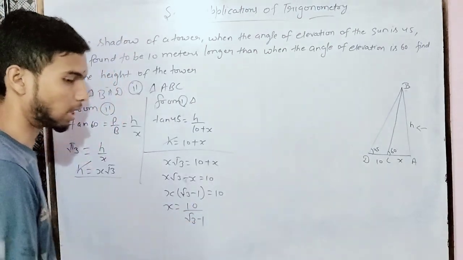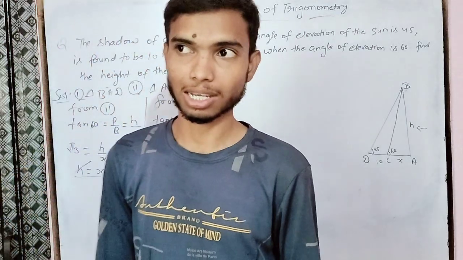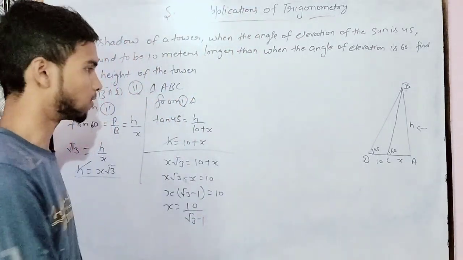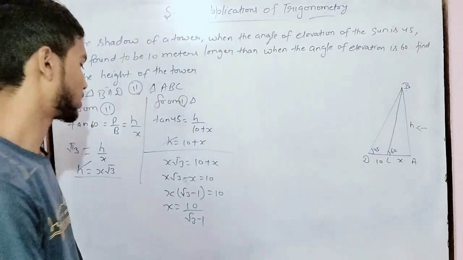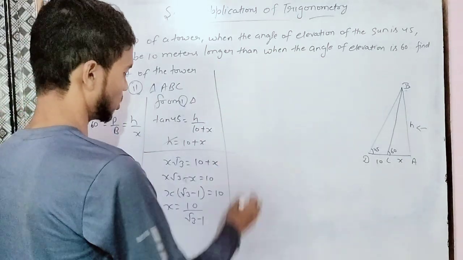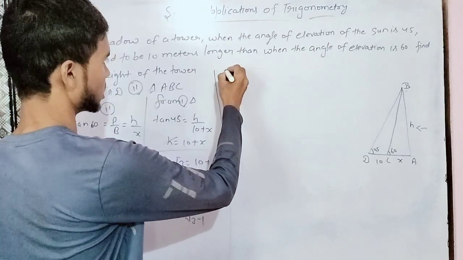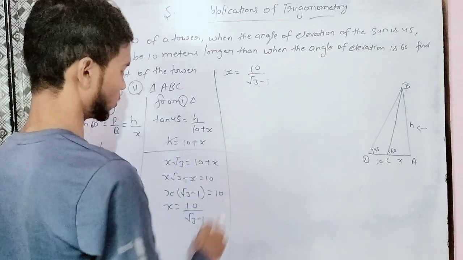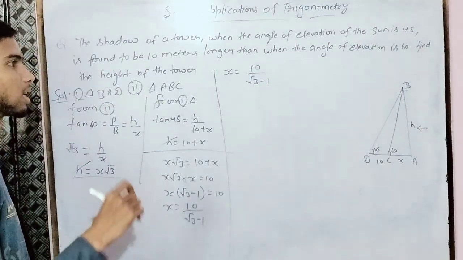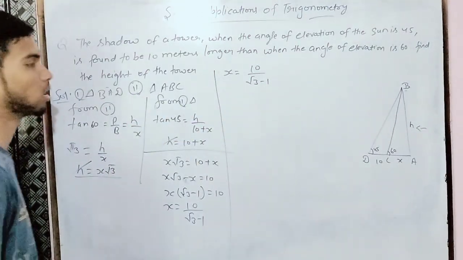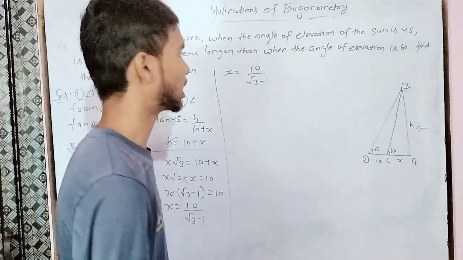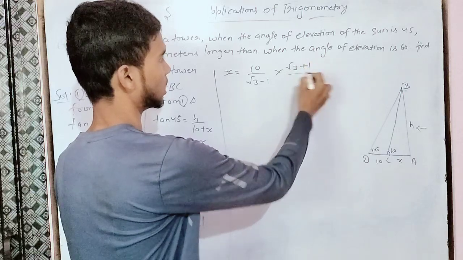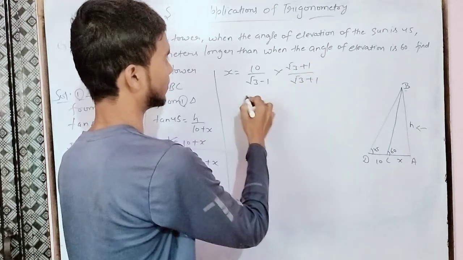So here if any number is under a root in the denominator, we will rationalize, as you know. So here 10 upon root 3 minus 1. We do rationalization so that we can remove the number under root from the denominator. So multiply by root 3 plus 1 over root 3 plus 1.